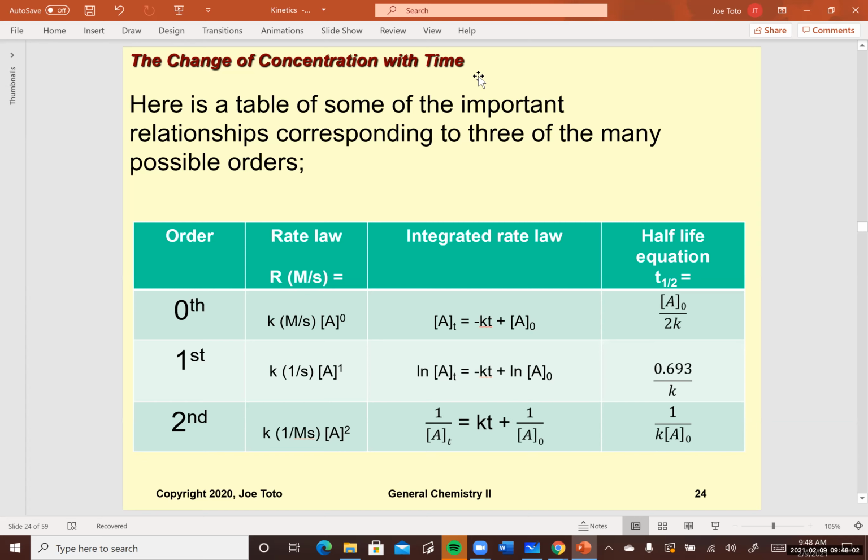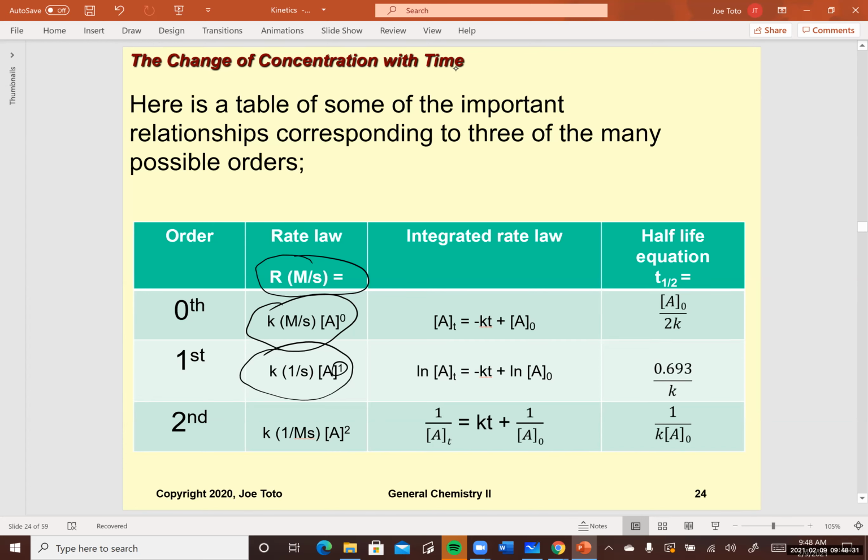The next column are the rate laws themselves. So it's the rate, which is always in molarities per second. That would equal, for zeroth order, this, for first order, it would look like that because you have a power dependency of 1. And then, of course, the last one, power dependency of 2. And you see how the units of that rate constant change for those.